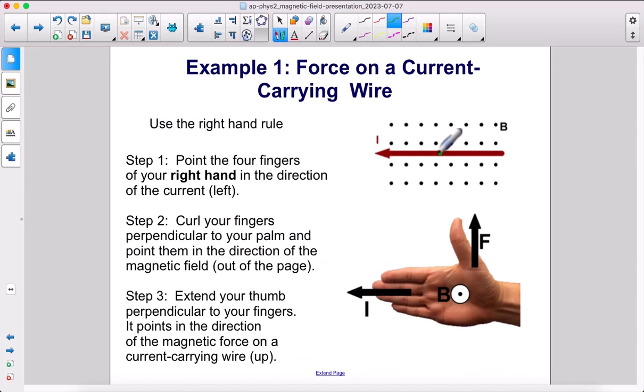So imagine there's just one charge in there going to the left. Use the right-hand rule the way you did before. Point the fingers of your right hand to the left, then point your palm towards you, away from the computer screen, and you can see your thumb points north, right? It points up towards the top of the page. So this wire might fly upwards.